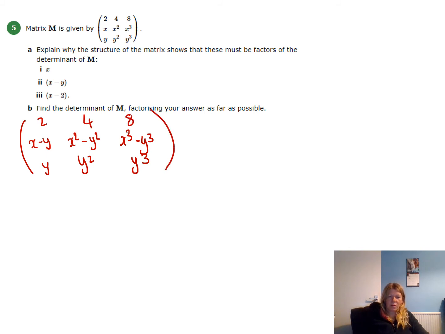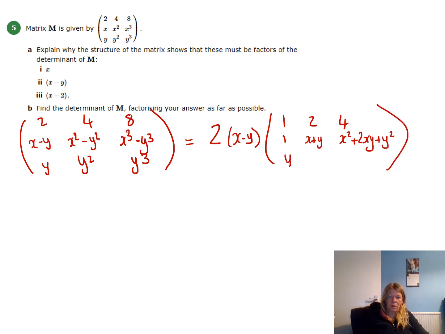So you can pull out an x take y, we'll put a 2 as well all the way there from the top. So 2 and an x take y, and we're left with 1, 2, 4, 1, x plus y, x squared plus 2xy plus y squared, and a y squared, y cubed. Let's pull y out if I'm honest.